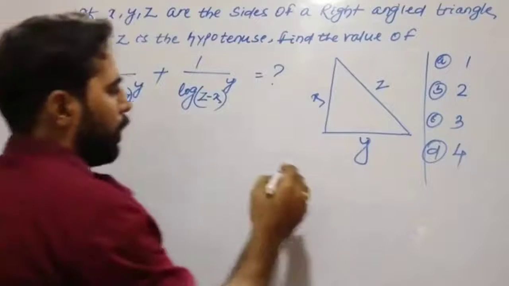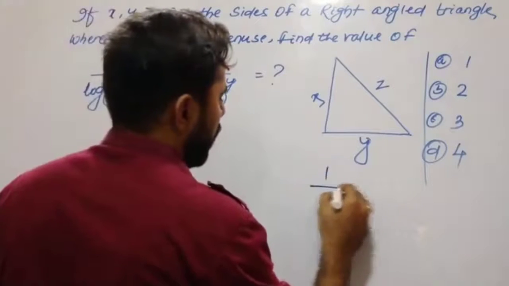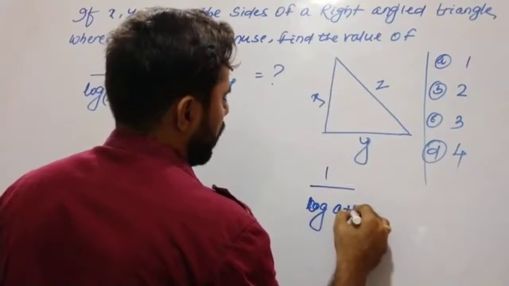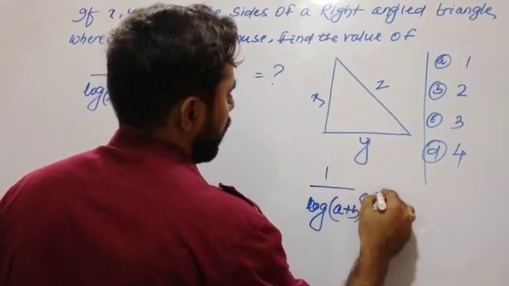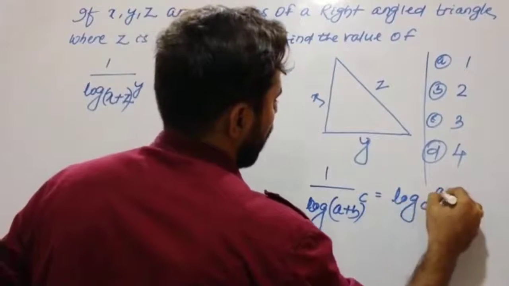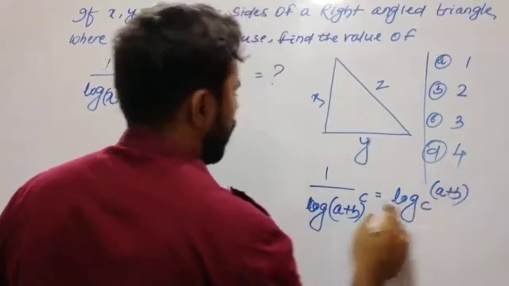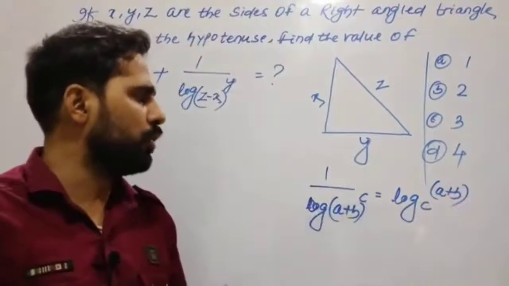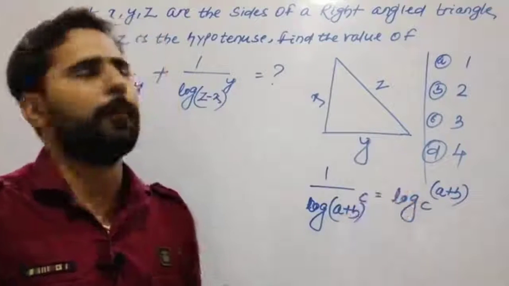As I know the formula, 1 by log (a plus b) to the base c is equal to log c to the base (a plus b).